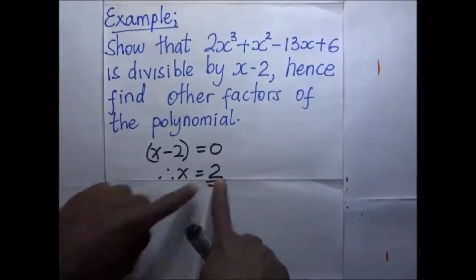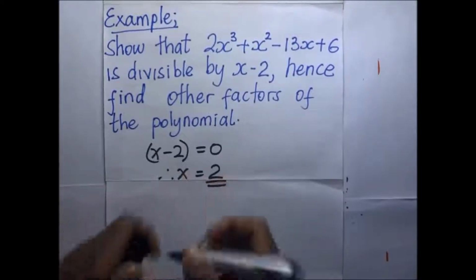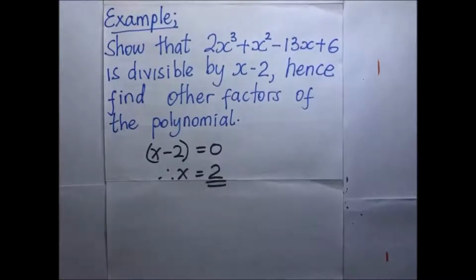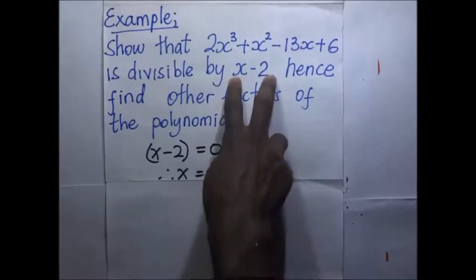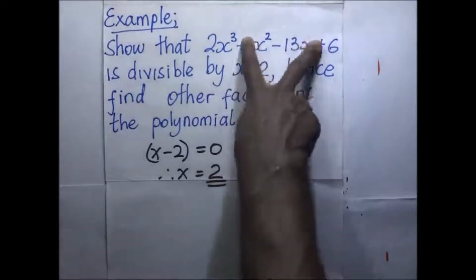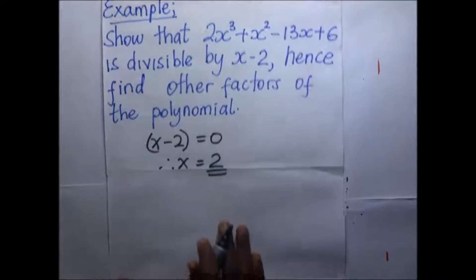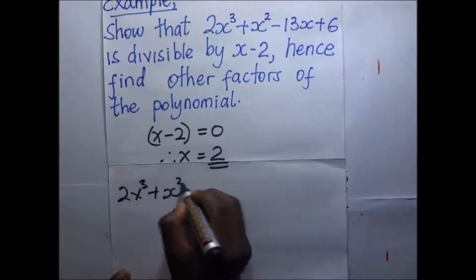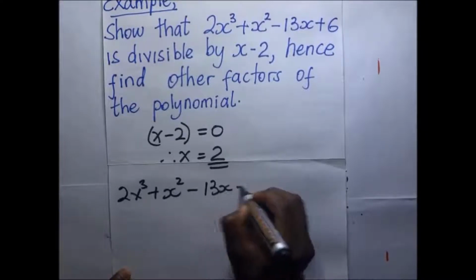If we put this value of x, which is 2, in this polynomial, and our answer is equal to 0, then it means that there is no remainder, and that this x minus 2 is a factor of that. So we begin. 2x cubed plus x squared minus 13x plus 6.